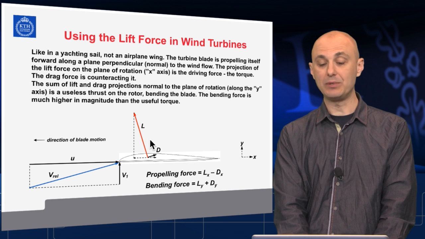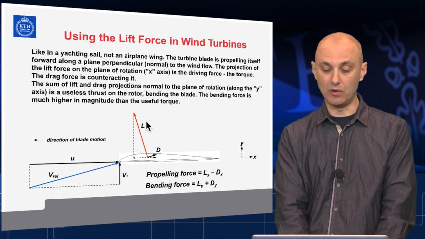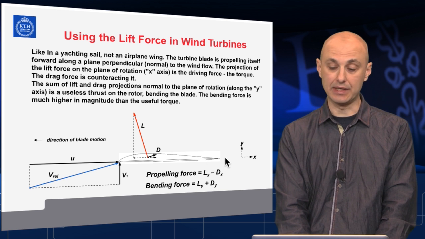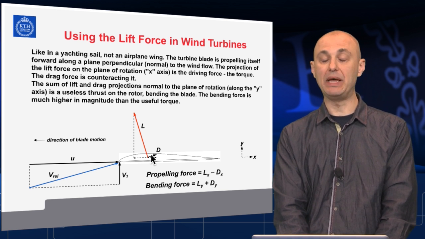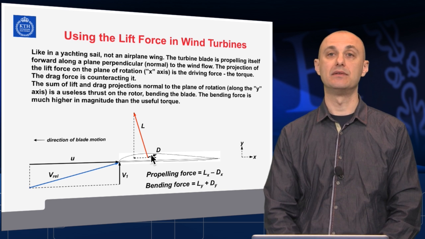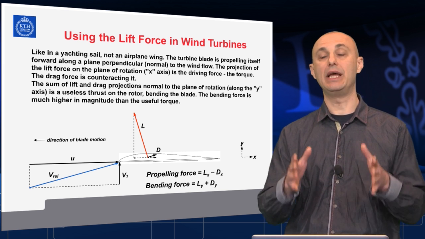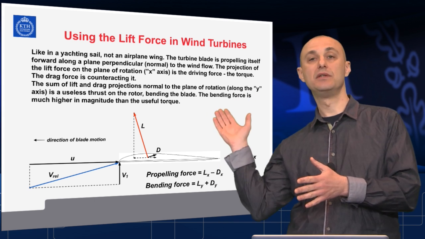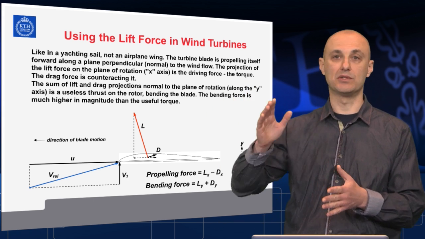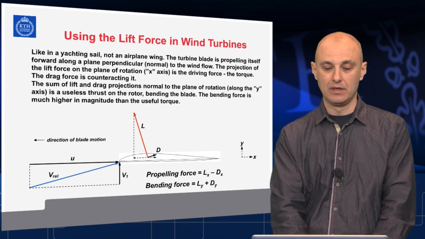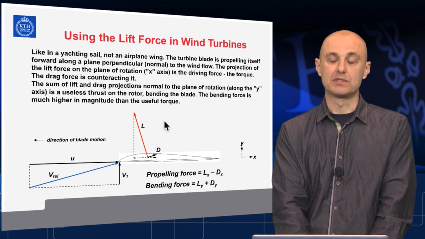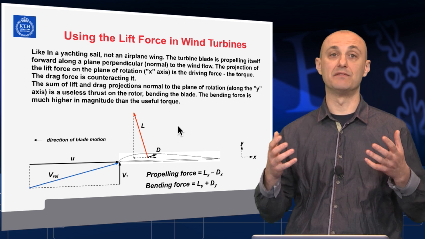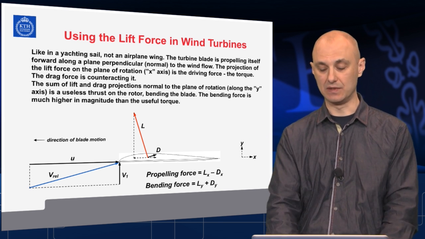And the lift plus drag force projection on this axis here, axis Y in our example, is just the bending force on the blade. The thrust that the blade, the structure and the foundation of the turbine should withstand in order not to tip over. Lift force should be produced as much as possible so we could convert any energy from the wind into mechanical power.